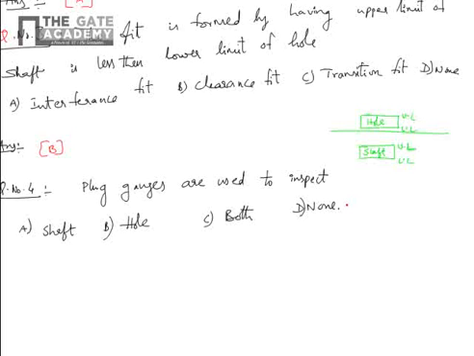So the plug itself is telling it is a plug. You have to insert the plug in the hole. So that means plug gauges are used to inspect holes. Answer is B.